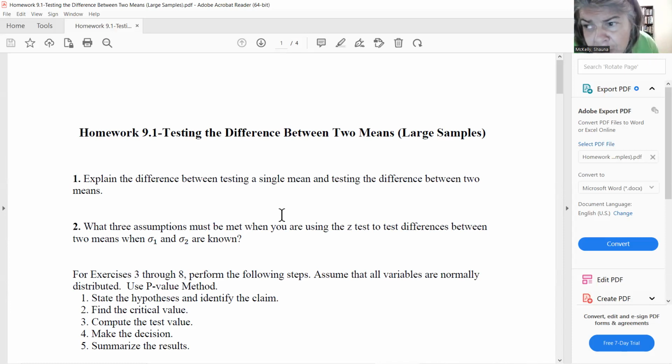Now, one thing you should know about testing two means, we actually have 2 tests for this, just like we do for one mean, but we're not going to cover the t-test for 2 means. We're only going to cover the z-test, the large samples. So we're only going to cover one test for 2 means.